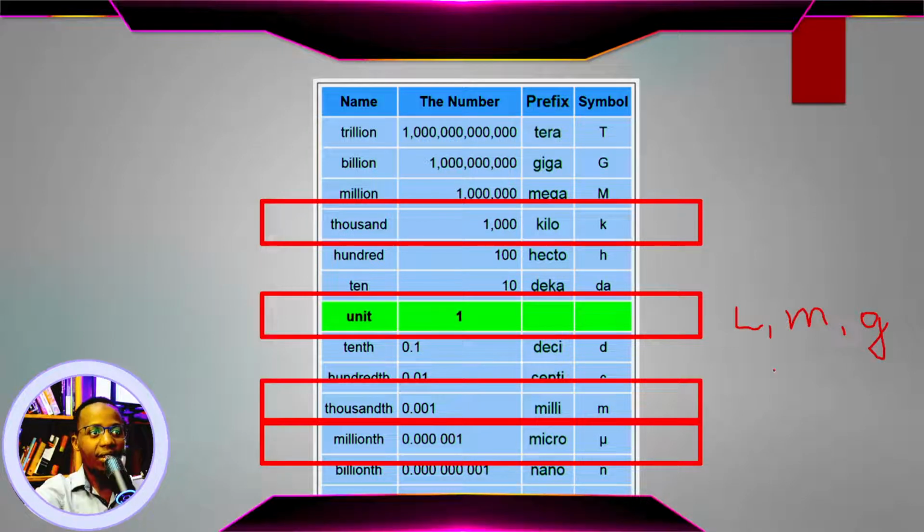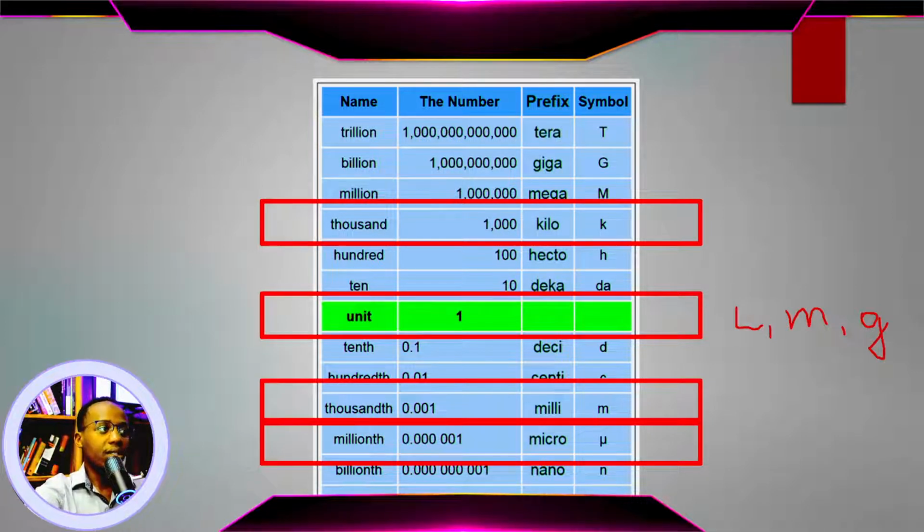And then I want you to know milliliters, millimeters, and milligrams, which is 1,000 times smaller than grams. And when you divide that by 1,000, you get to micro. I want you to know these four because these are the ones that we use a lot.